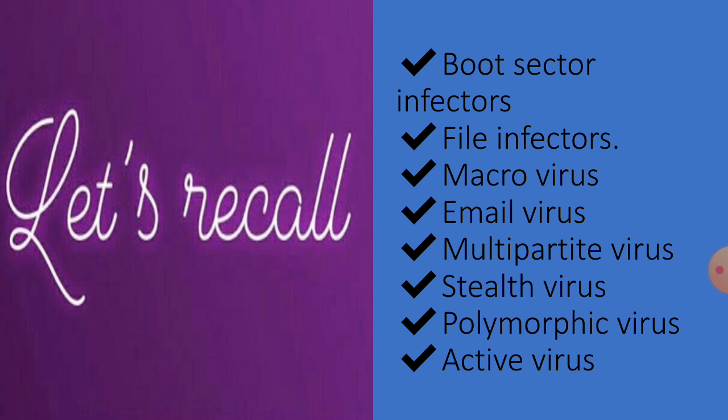Next is email virus. An email virus is a virus which uses email messages to move around. This virus often replicates itself by automatically mailing copies to hundreds of people in the victim's address book. This virus only affects email messages. Next is multipartite virus.